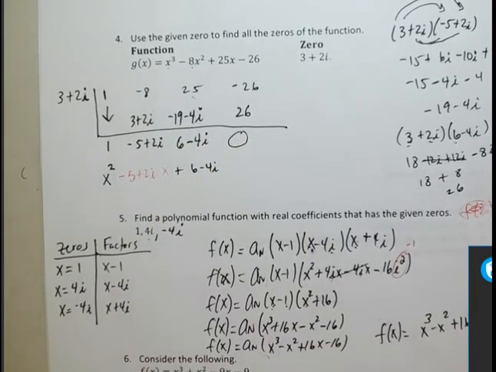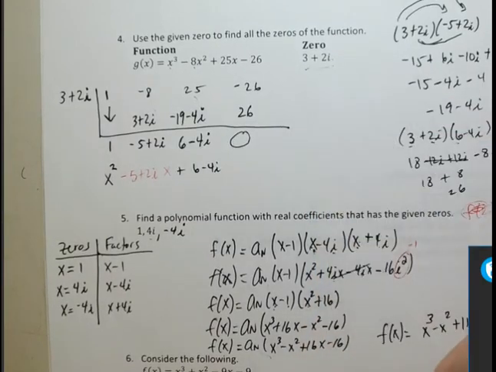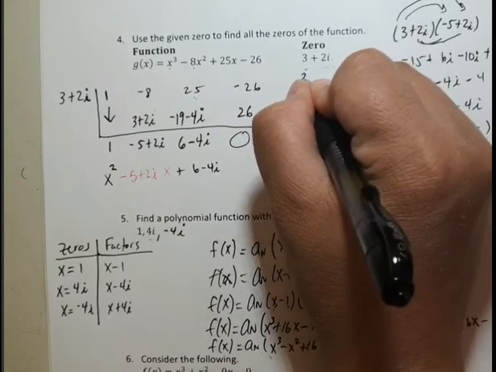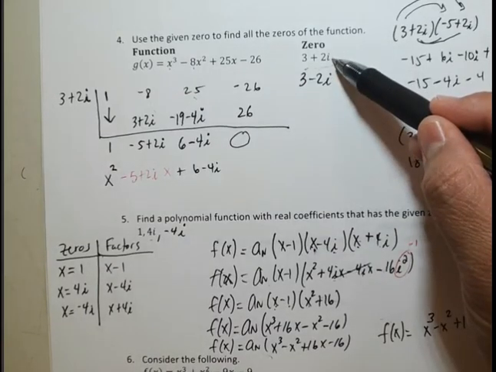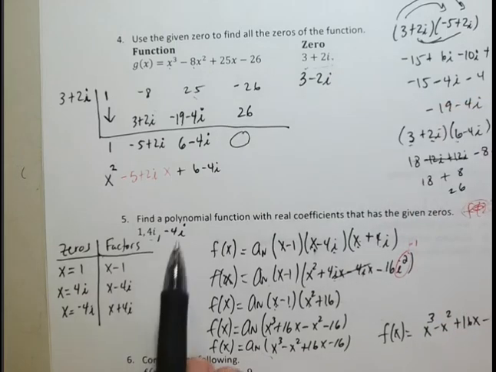So we are going to run synthetic division again. But instead of this 0, what is another 0 that I know for sure? I know the conjugate is a 0, right? So 3 minus 2i is also a 0. So again, if you have an imaginary number, then your conjugate is automatically a 0. Just like we did here, 4i and negative 4i.